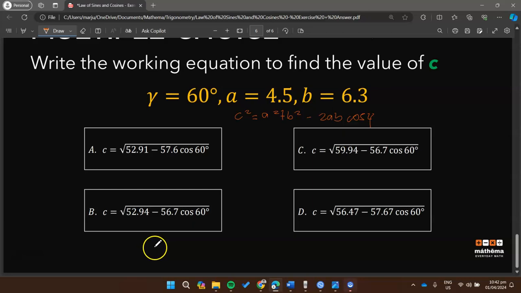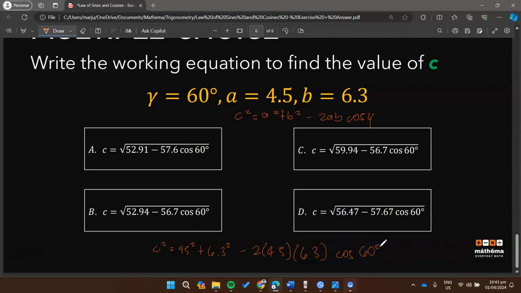So C squared is equal to, what is our A? Our A is 4.5, so we have 4.5 squared plus our B is 6.3, so 6.3 squared minus 2 times 4.5 times 6.3, and then cosine of the angle 60 degrees.